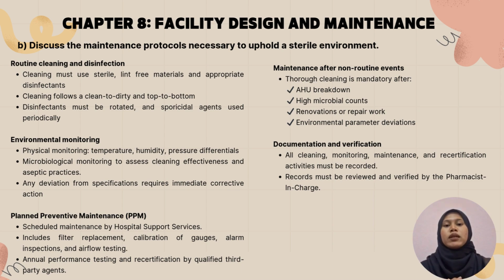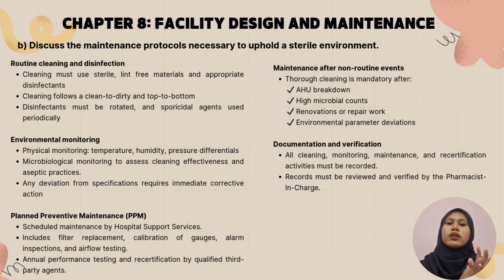Then number 3 is planned preventive maintenance, or PPM. There must be scheduled maintenance by hospital support services, including filter replacement, calibration of gauges, alarm inspection, and airflow testing. And there must be annual performance testing and recertification by qualified third-party agents. And number 4 is maintenance after non-routine events.